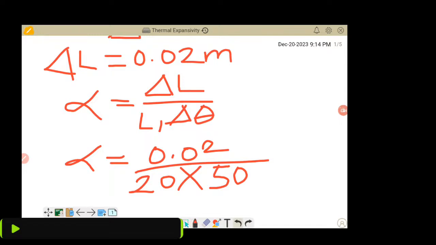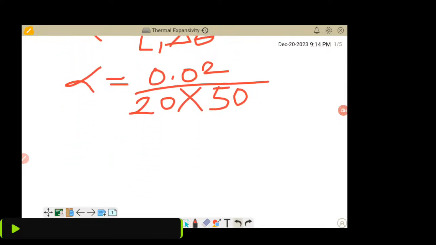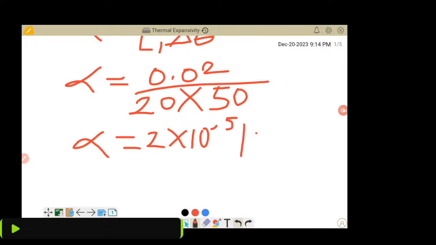And with this, if we press our calculator very well, our linear expansivity will be 2 multiplied by 10 raised to the power minus 5, and the unit for linear expansivity is per Kelvin. So this will be our answer to this question.